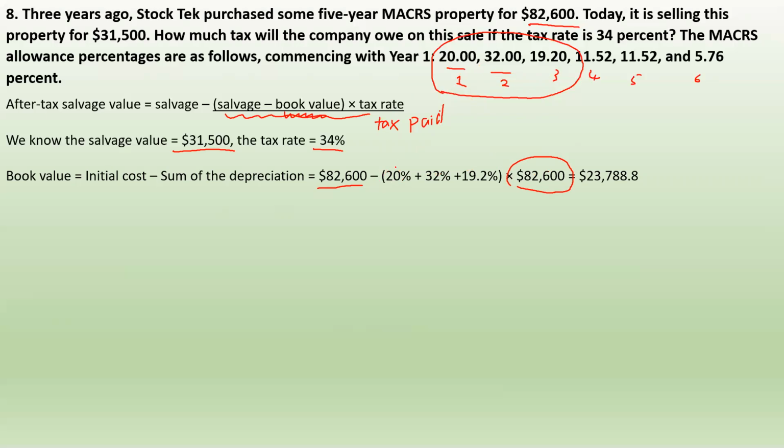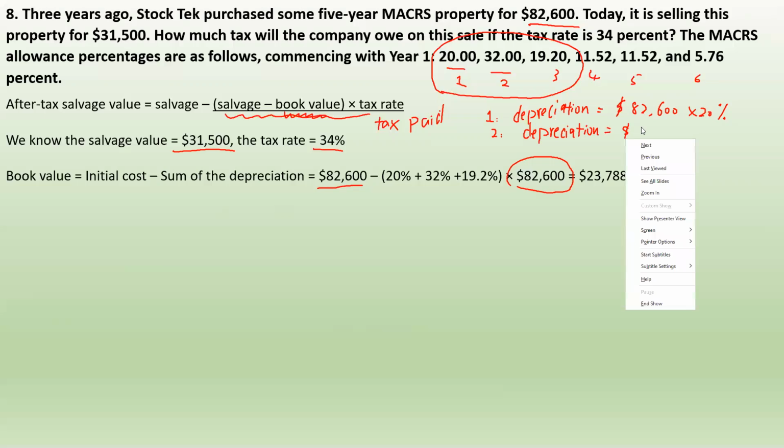So basically, we can just collect the common term. Let me break this down. For the first year, the depreciation equals 82,600 times 20%. The second year, the depreciation equals 82,600 times 32%.